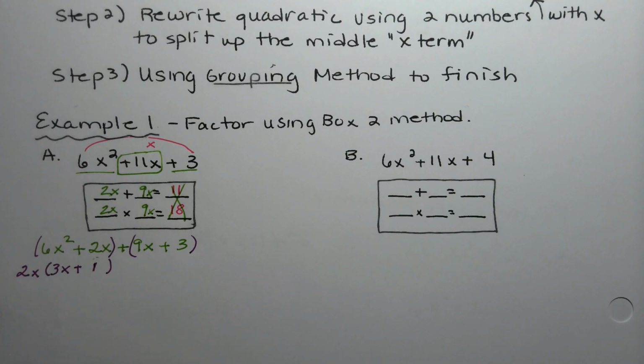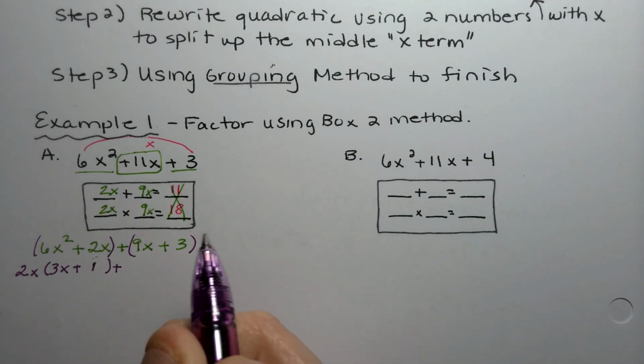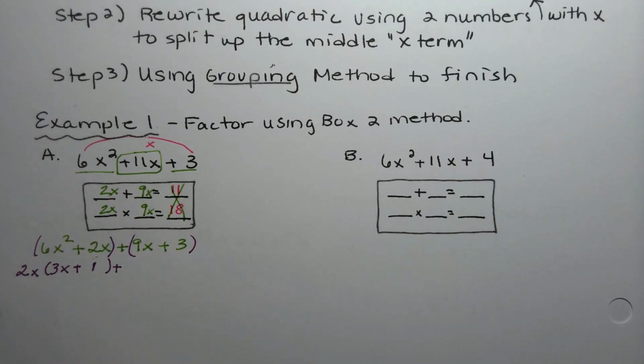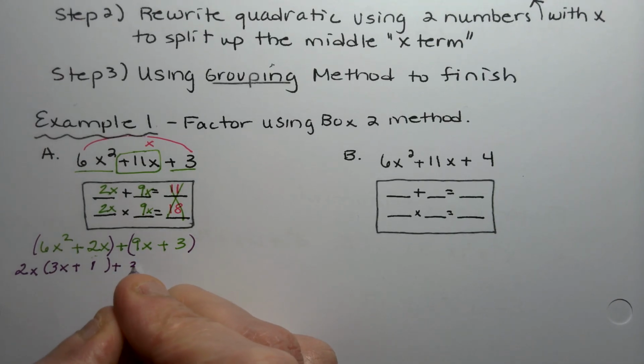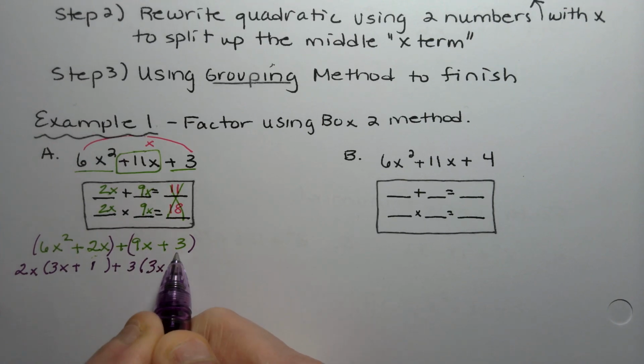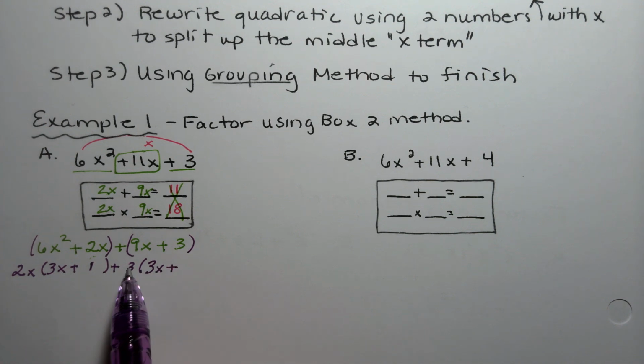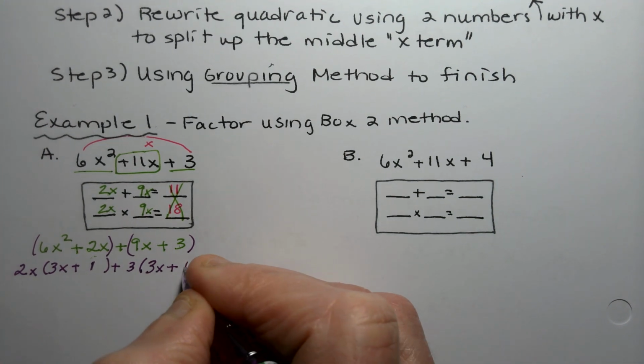There's always something there. Plus, put your plus sign, 9x plus 3, what can we take out of both of those? We can take a 3. 9 divided by 3 is 3x. We can't take the x because this one didn't have an x. We took the whole 3 out, so what's left? A 1.